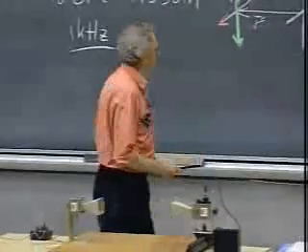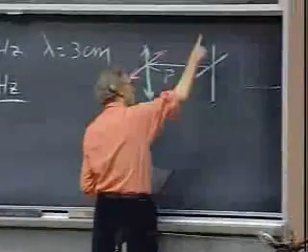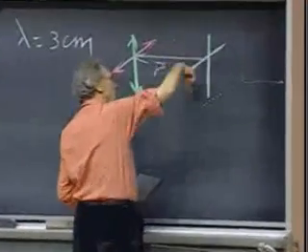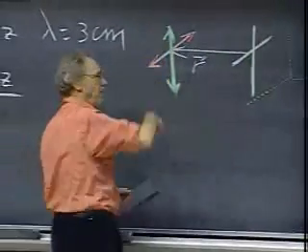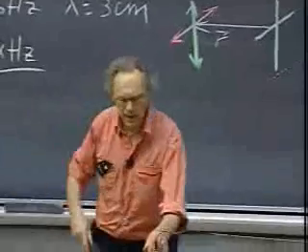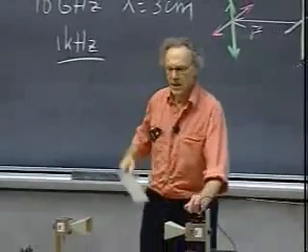So we have the situation that we are transmitting electromagnetic waves with the E field going like this, and the receiver is perfectly happy. The receiver is also aligned like this. There you have it.